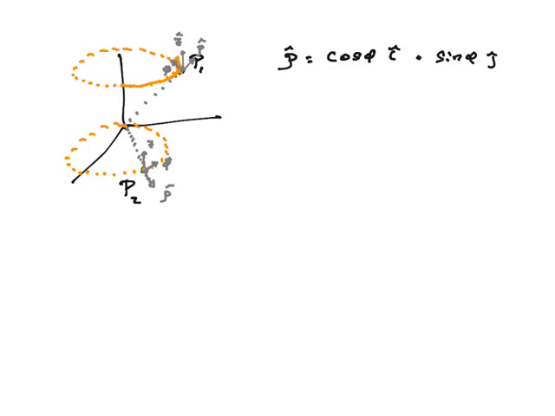So no matter where I am in this plane or in this space, whether I'm at P1 or P2 or some other point, the direction of rho is defined based on where I am in x and y. And where I am in x and y, the x component is cosine and the y component is sine. Okay.